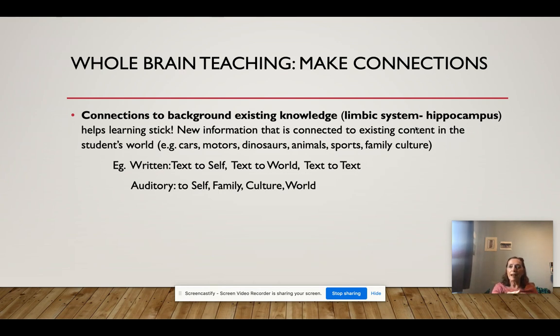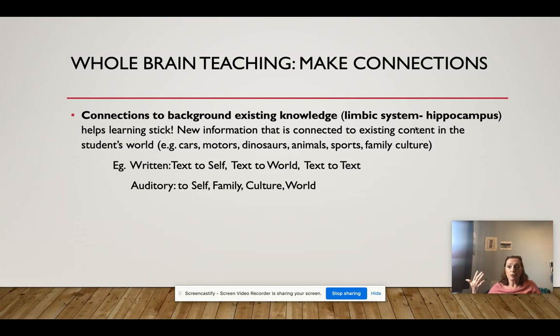And we have written stuff when we're making connections. It could be written, like text to ourselves. When we're reading something, we might relate it to something in our own lives, or text something in the world that we're aware of, or something that we've previously read, text to text.